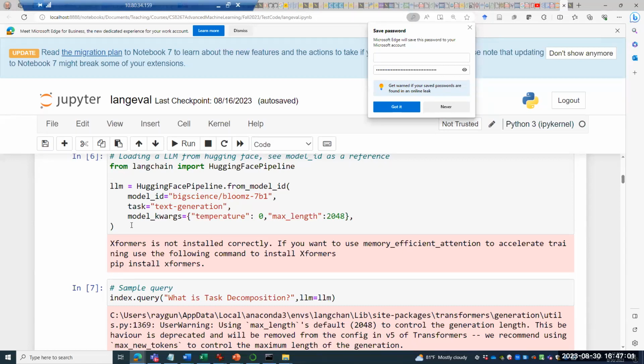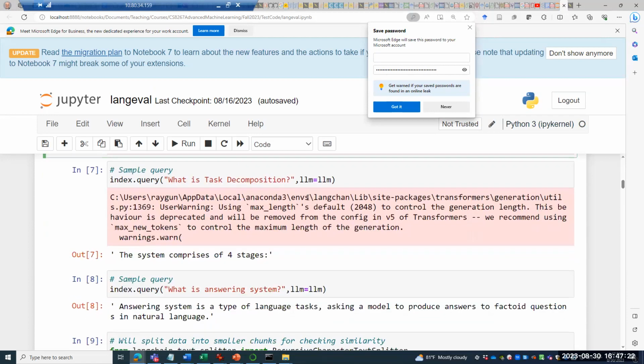I use Hugging Face, not OpenAI. The website I showed earlier is based on OpenAI embeddings, but I'm using some models from Hugging Face so that you can see that. Okay. So let me see.